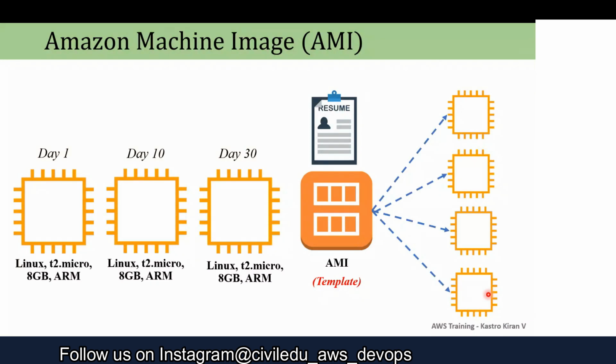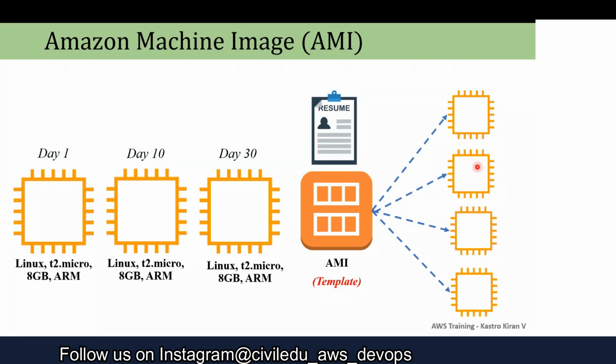Now, by using this AMI, what we are going to do is set up the configuration, whatever configuration is required in order to launch the instances. Now you have the configuration readily available, and then you will just go to the AMI, and by using this AMI, we can launch multiple instances.